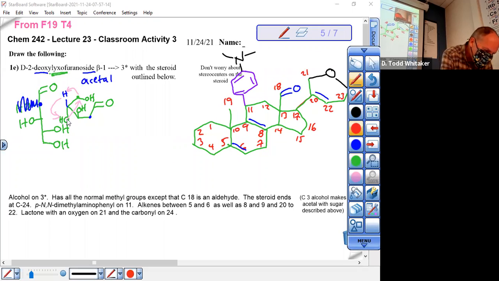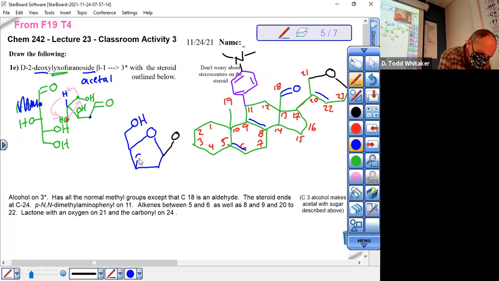And when you're all said and done, I'm going to draw this sugar. And here, I put the red dot special here. And the sugar is going to be here. Yeah, beta, huh? And beta means the O on the anomeric position is cis to the CH2OH, and that O has to be connected to carbon 3 of the steroid, because it says so.